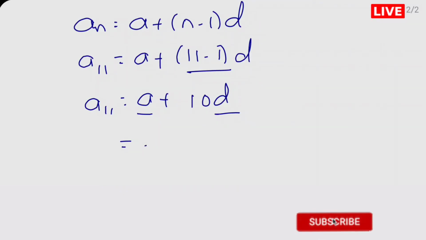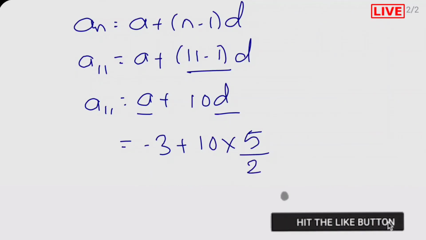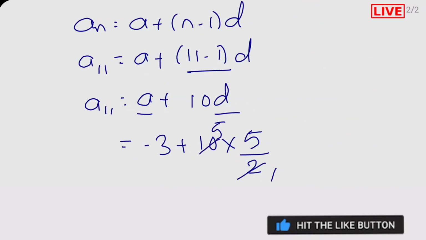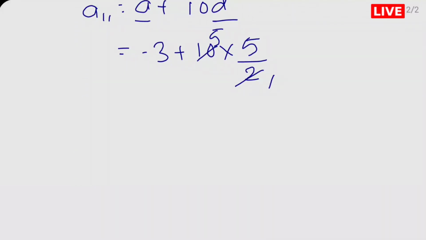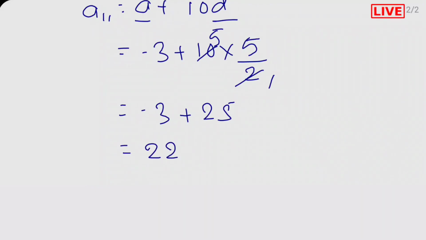So the first term is minus 3 plus 10 into d, which is 5 by 2. So 2 ones are 2, 5 2s are... and here we got minus 3 plus 5 into 5, 25. So minus 3 plus 25, we got 22.